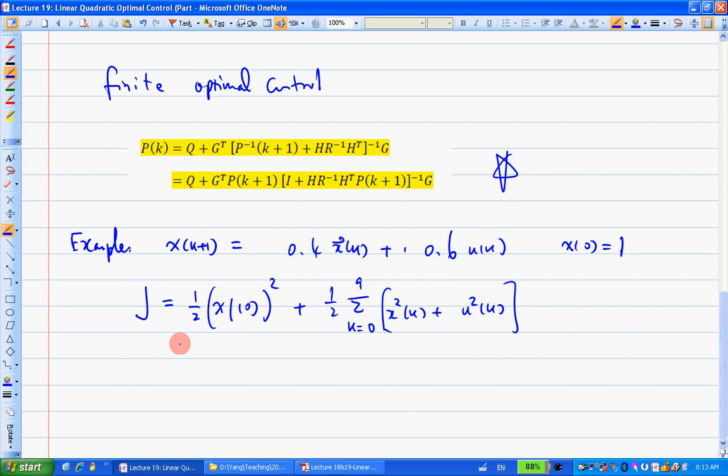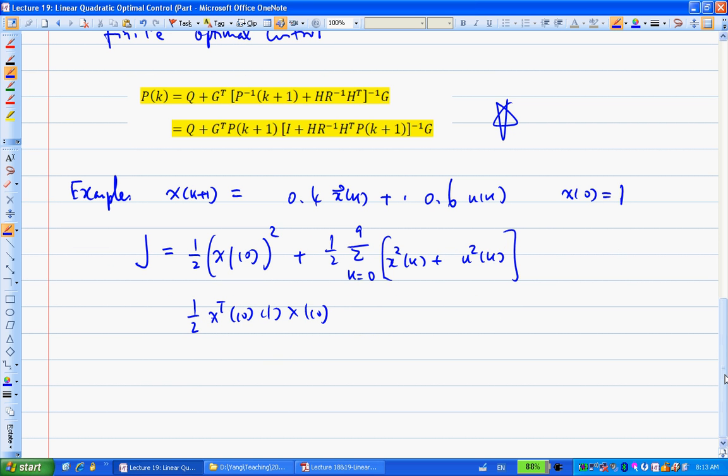Because this is scalar, that is basically 1/2 x transpose of 10 by 1 by x of 10. It's the same thing. A scalar transposes to itself, so that's why I get x squared here. So basically S equal to Q equal to R equal to 1.